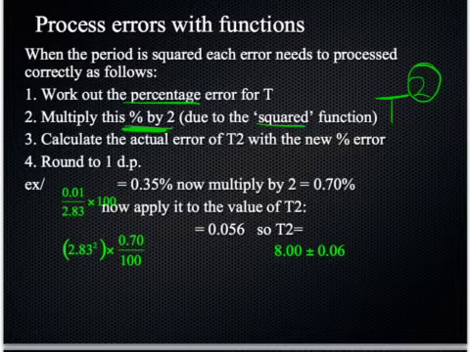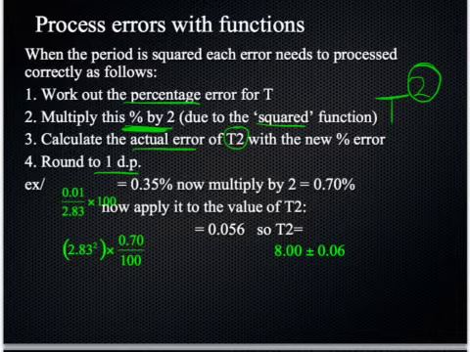Now you can use that percentage error to find the actual error of the t squared value, and round that to 1 dp. Very importantly, you must always round your actual errors to 1 dp. And you can see the example below.